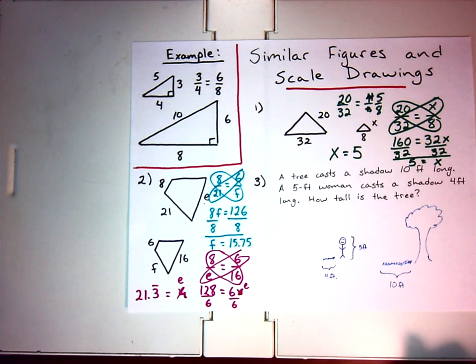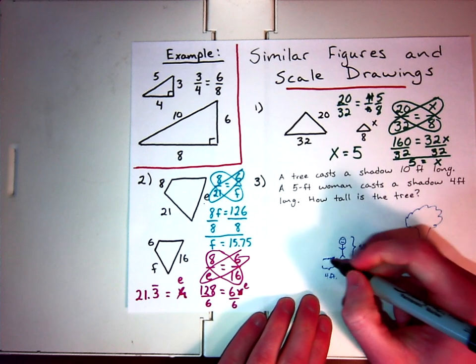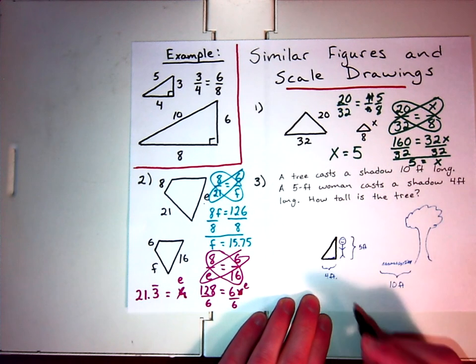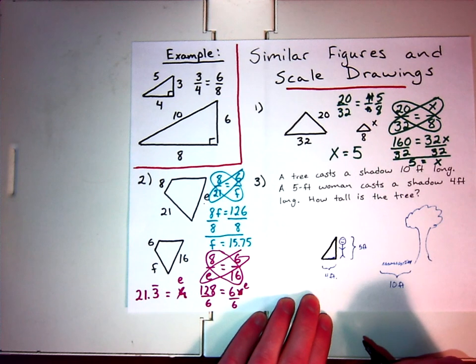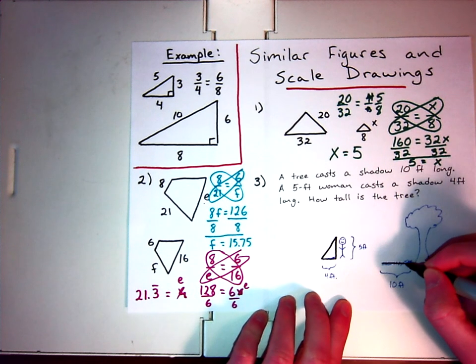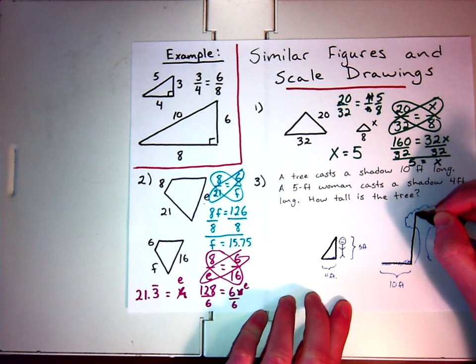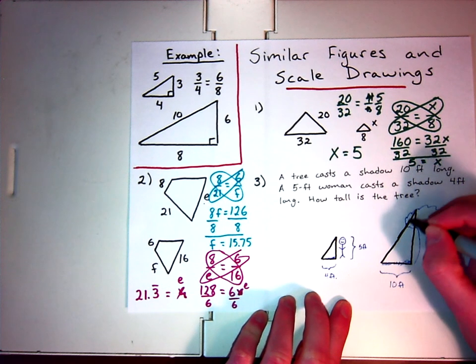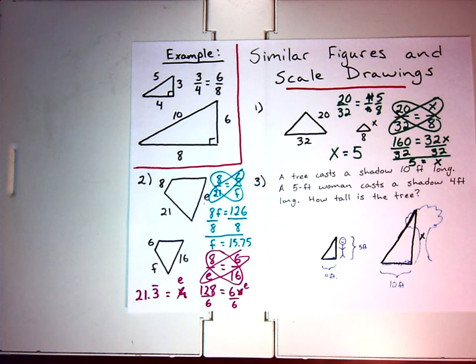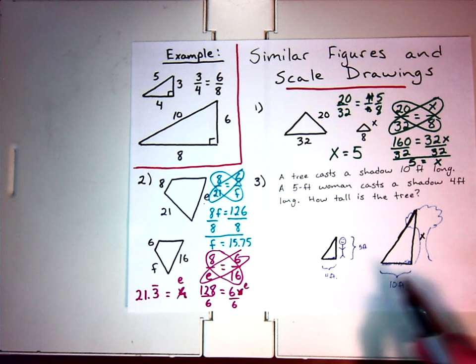If we can visualize this, we can create a triangle for both of these situations. Over here we can have a triangle that is 4 feet by 5 feet. And for this one, we can create a triangle that is 10 feet by an unknown height. We don't know that tree's height, but we can see that we have two triangles that are similar figures.